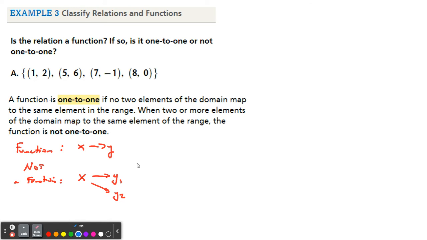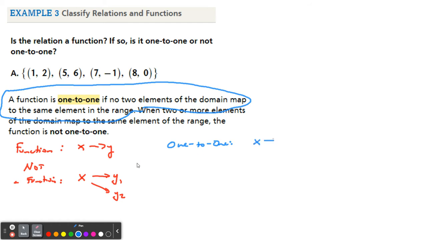Now, the idea of one-to-one: a function is one-to-one if no 2 elements of the domain map to the same element of the range. So still, a function is also one-to-one if every X goes to 1 Y, right?